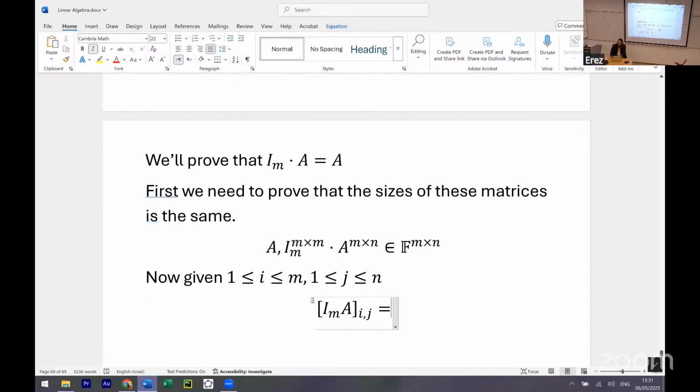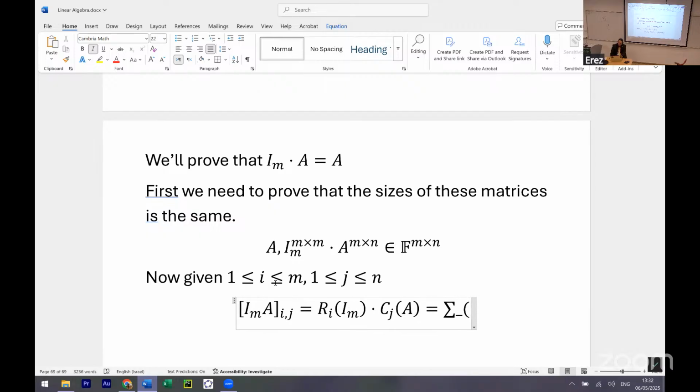So first remember, we're taking the ith row of I_m and we multiply it by the jth column of A. And how do we multiply a row and a column?